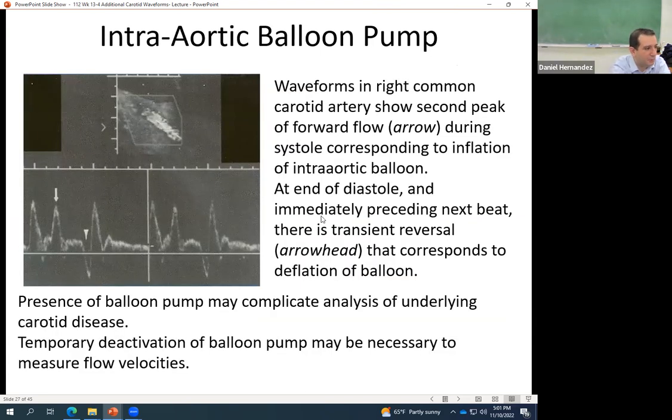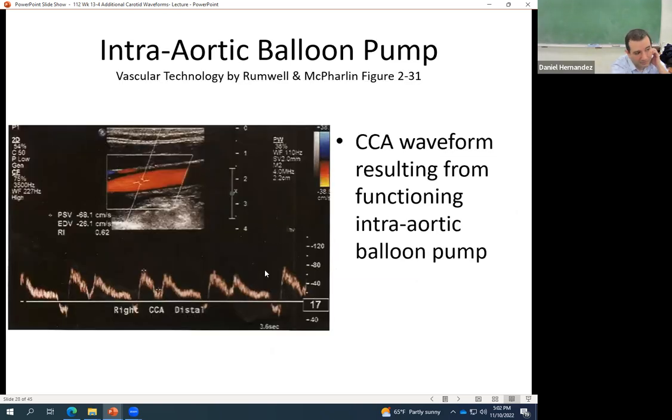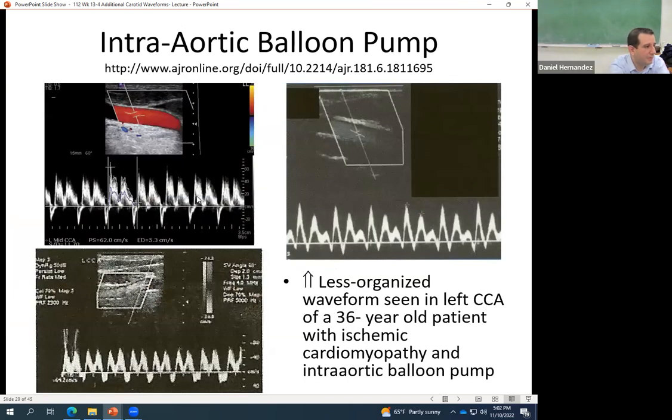These are intra-aortic balloon pump waveforms. Temporary deactivation of these balloon pumps may be necessary to measure flow velocities, because the balloon pump may complicate analysis of underlying carotid disease. You can see this is a good example.